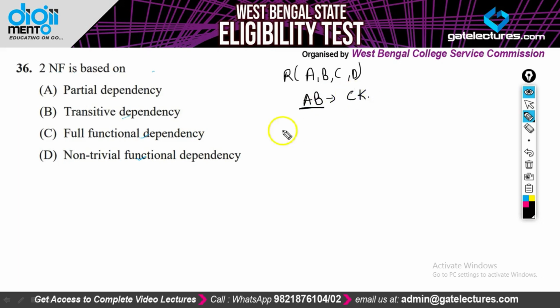Now they are asking, 2NF is based on partial dependency. First, let me tell you what partial dependency is. Partial dependency means if AB combined is our candidate key, then suppose B gives C. AB is the candidate key, so AB can give C or D, right?